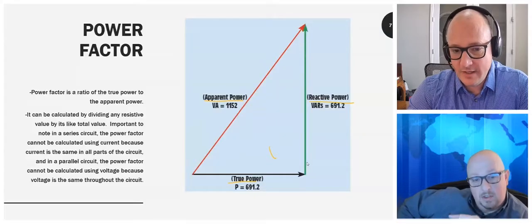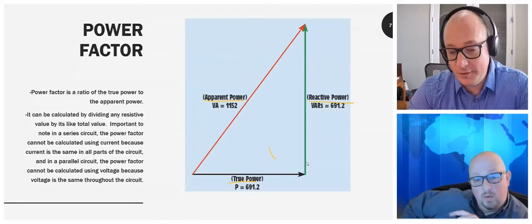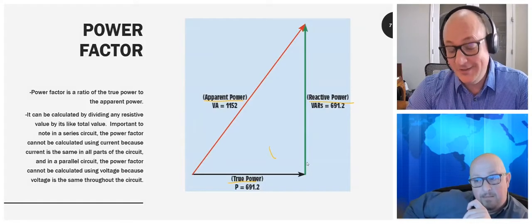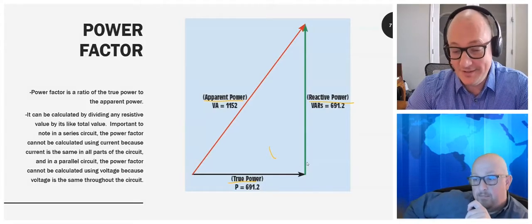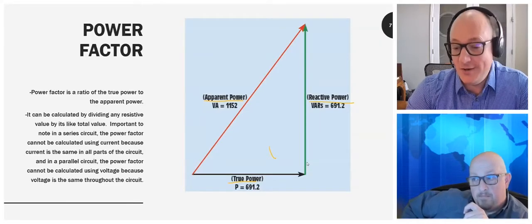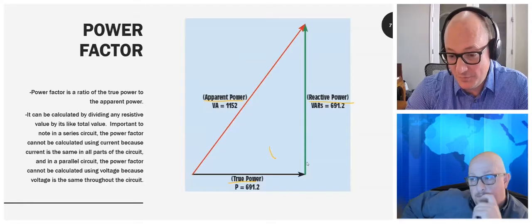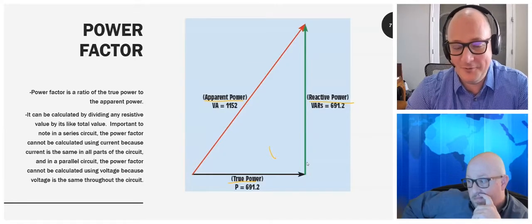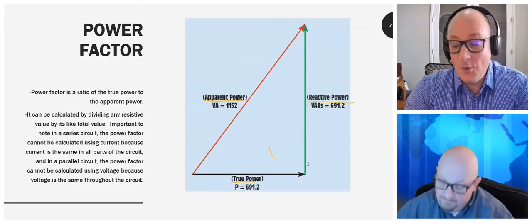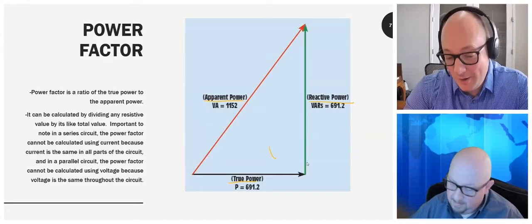Yeah, so this one could be better, right? You put the little number on top of the big number because the best you can ever do is 100%. It would be false to say you can get more true power than apparent power.